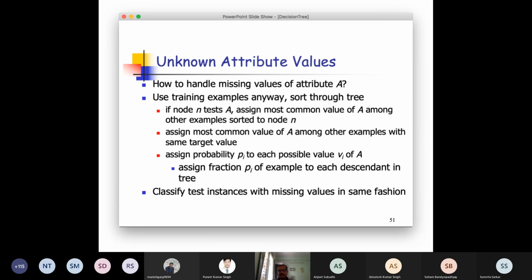You are choosing that assignment with probability p_i, and you classify test instances with missing values in the same fashion.